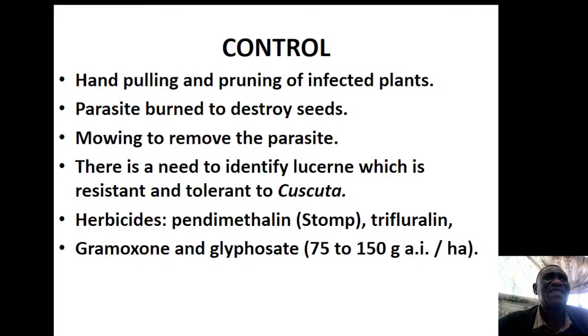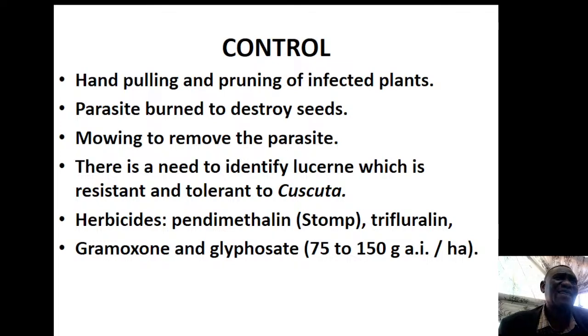You can burn the parasite to destroy the seeds. If it is lucerne, mowing can be done. There's also need to identify lucerne which is resistant or tolerant to Cuscuta. Probably that could be the solution.